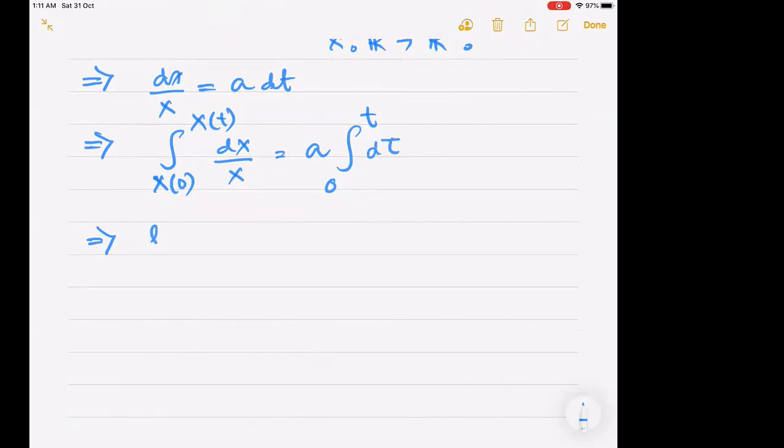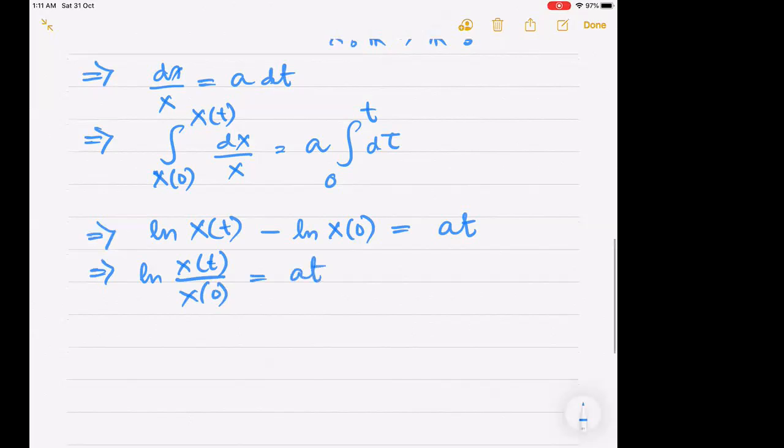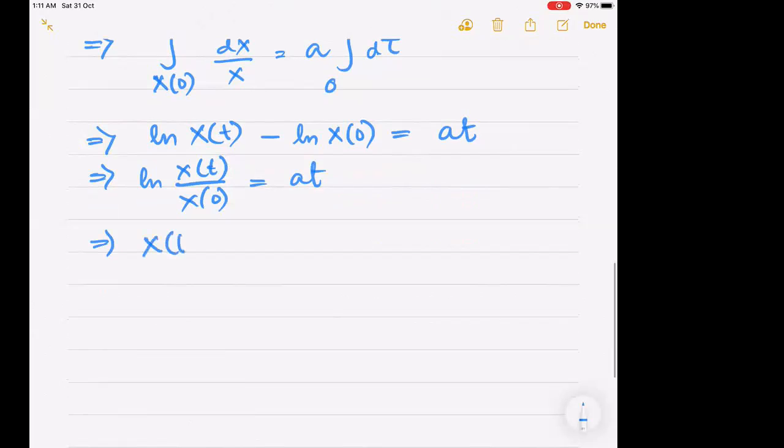This is ln x(t) minus ln x(0) equals at, which tells us that ln(x(t)/x(0)) is equal to at, which tells us that x(t) is e to the power at times x(0). That's the solution.